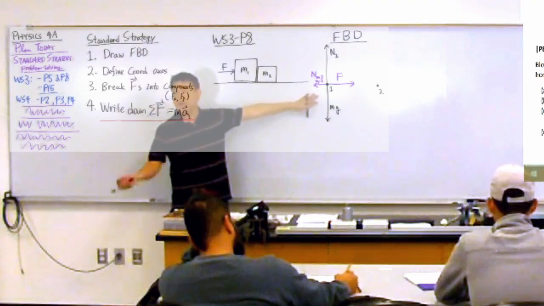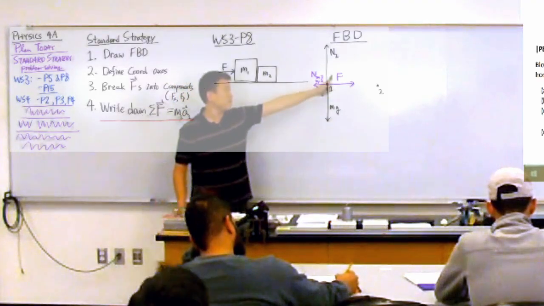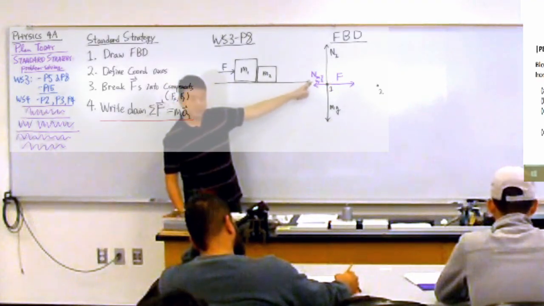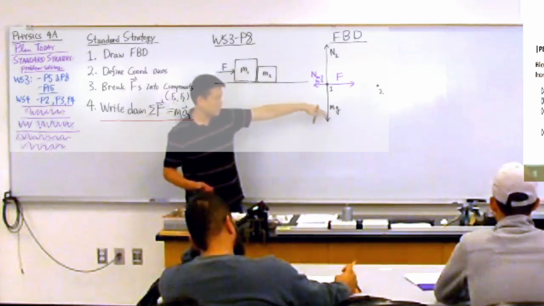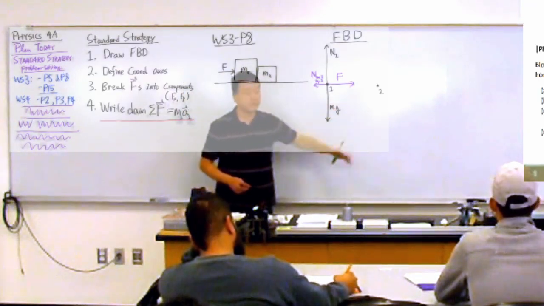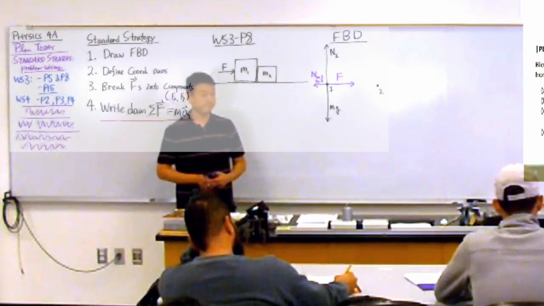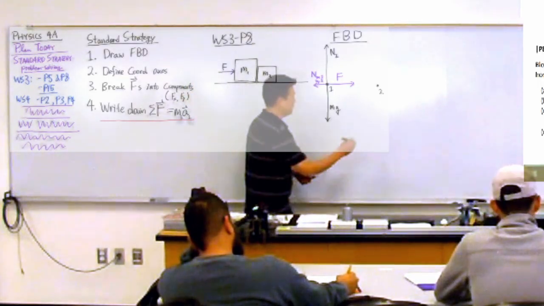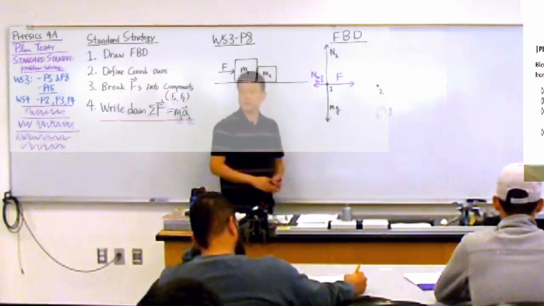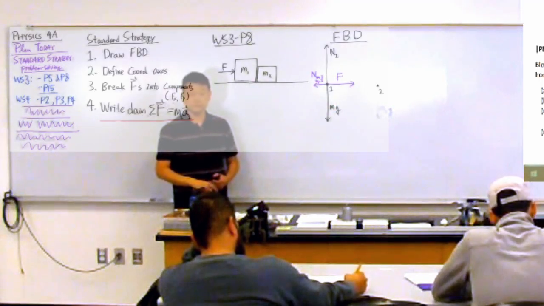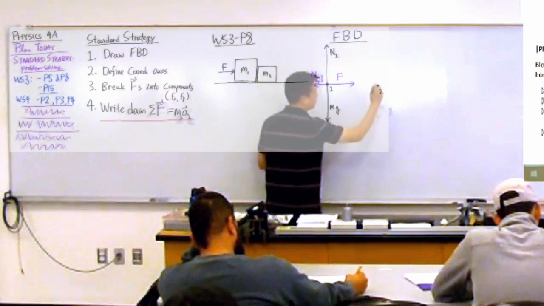Yeah, we identified everything that's touching block 1: the applied force, block 2 that's touching block 1, the normal force from the ground, and the rest is gravity. Okay, block 2, what are the forces? Gravity, M2G. And what other forces are there? Normal force, because it's not accelerating downward.